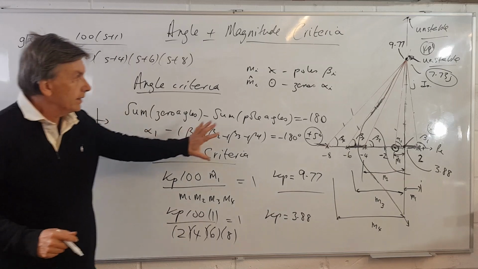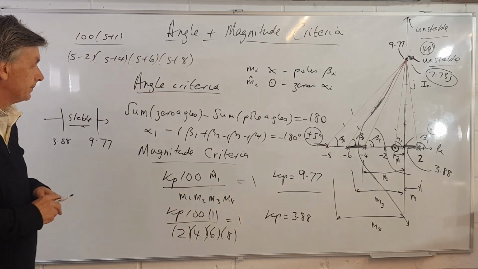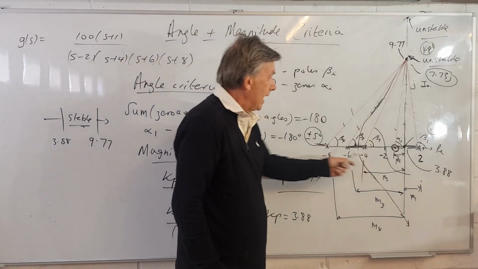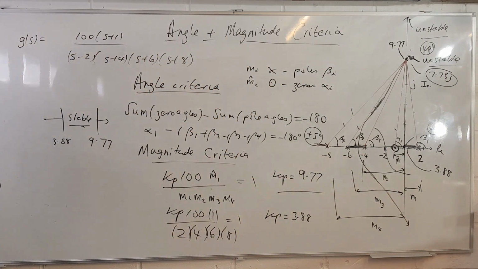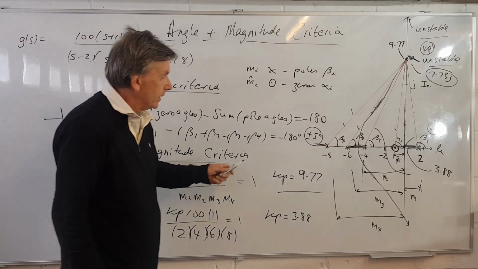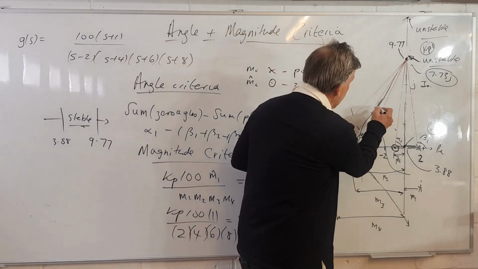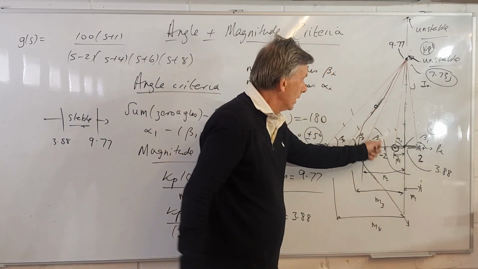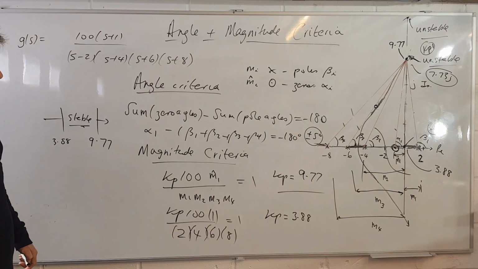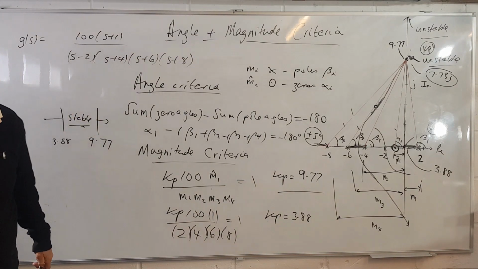So this is how you can use the angle and magnitude criteria to find out the range of gain for which a closed loop system would be stable. The final thing I want to do is to look at how we could find a particular point on the root loci with an associated value for the damping ratio. That's the last thing to do, and we're going to do that one next.